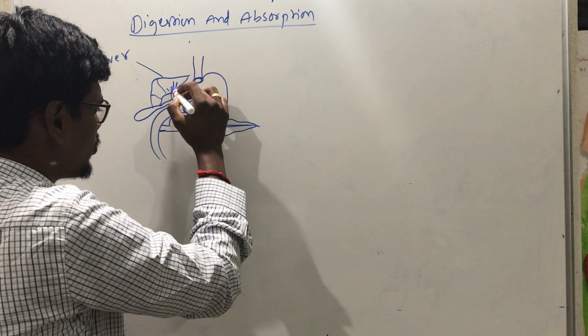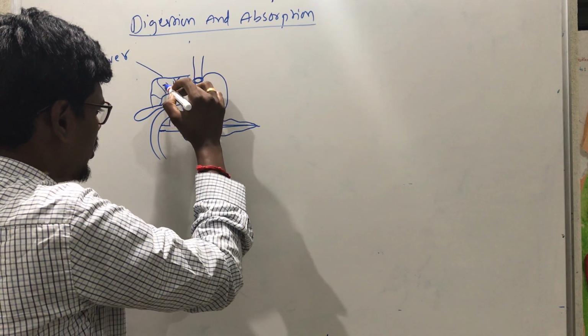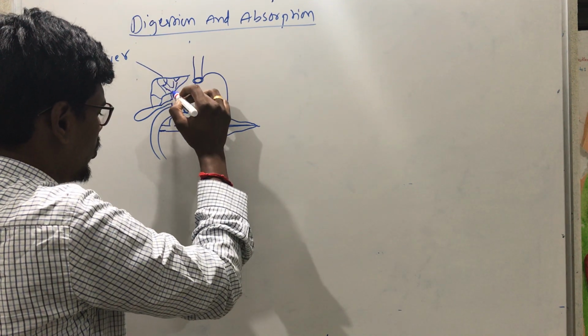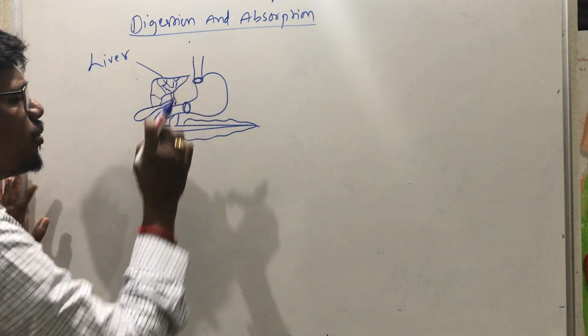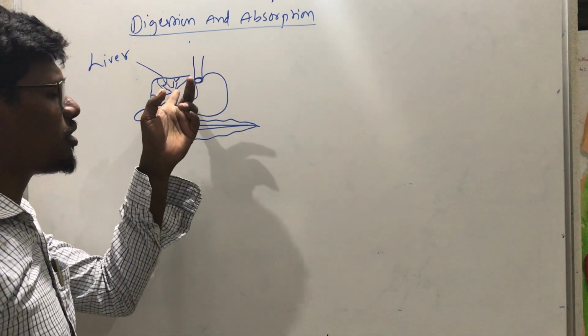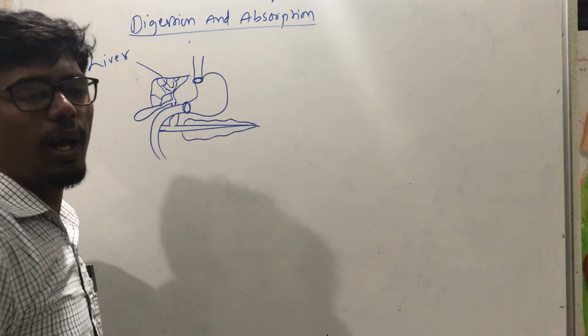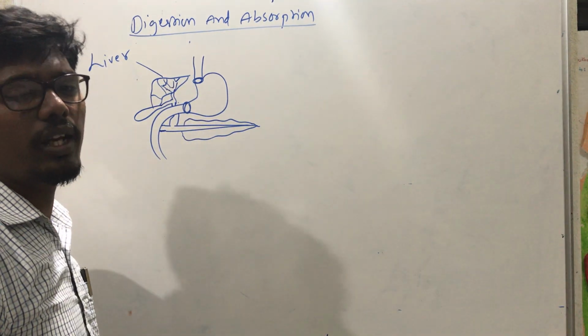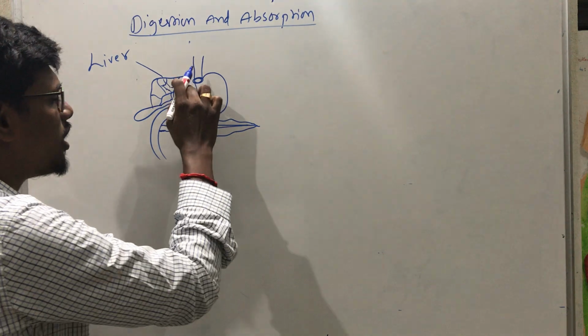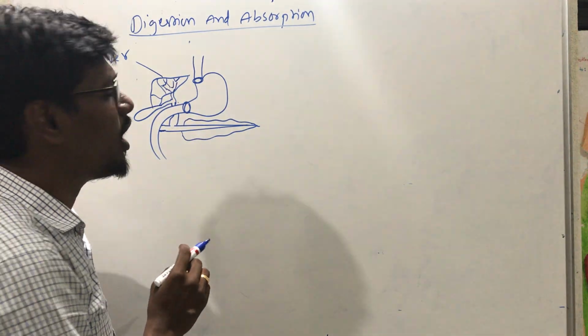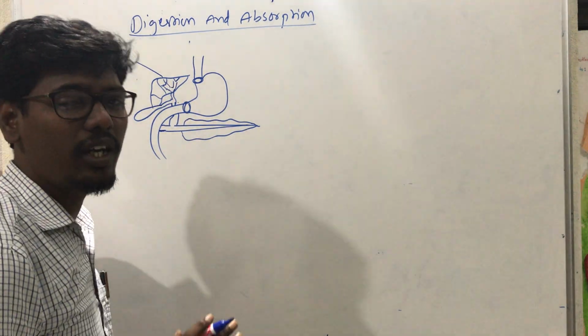The lobules are connected to hepatic ductules. The ductules are connected into the hepatic duct.